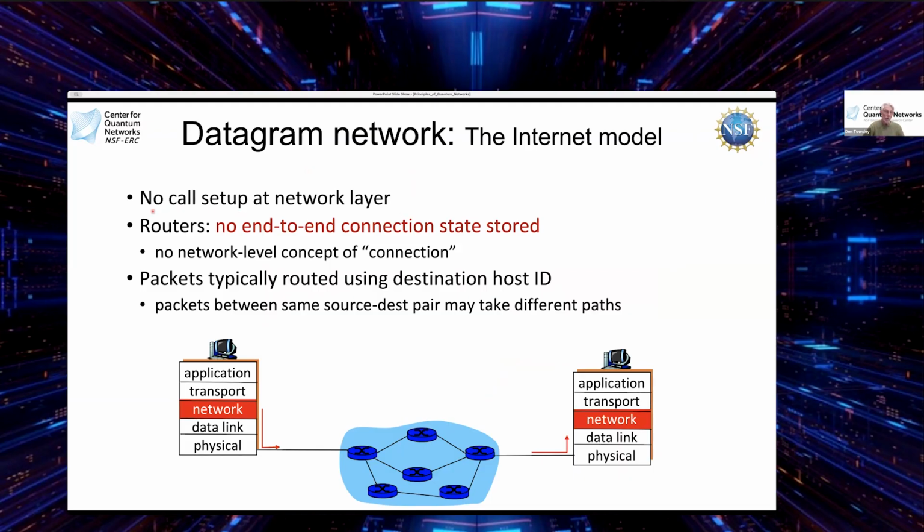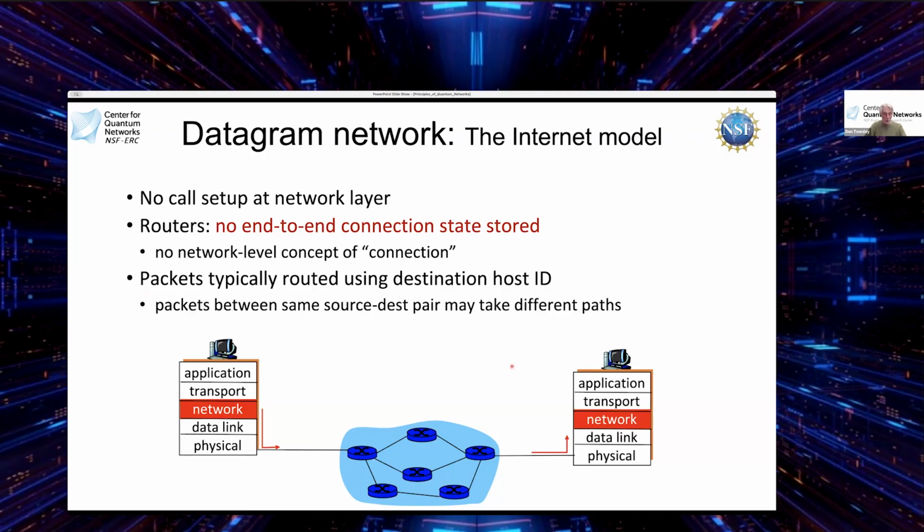The routers do not store any end-to-end connection state. They have no idea what the packets that traverse them are doing. All they're worried about is deciding what output interface to put them on. And there's no network level concept of a connection. The packets are typically routed using the destination host address. And that's the way it's done in the internet.